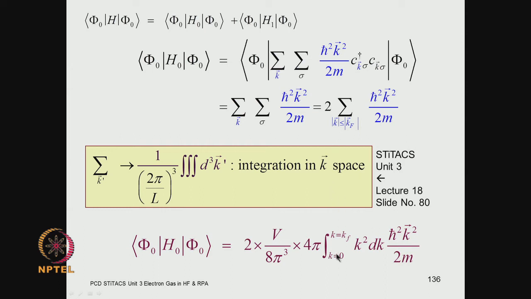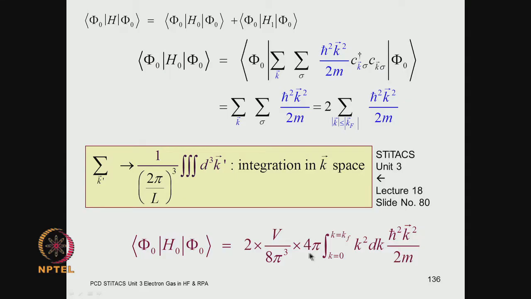This integration in momentum space will have integration over the angles in the reciprocal space, with the sine theta d theta d phi type of term in the volume element. Integrating over all the angles theta and phi gives a factor of 4 pi, which is here.